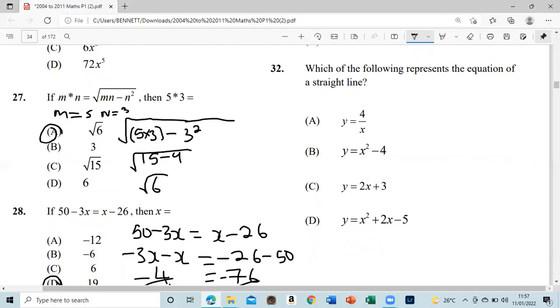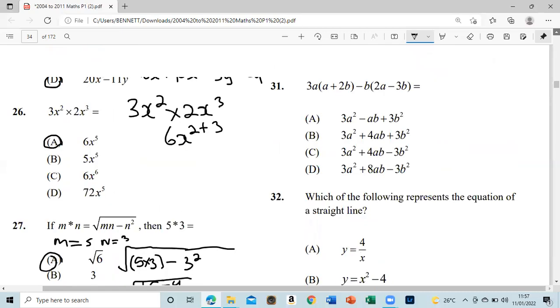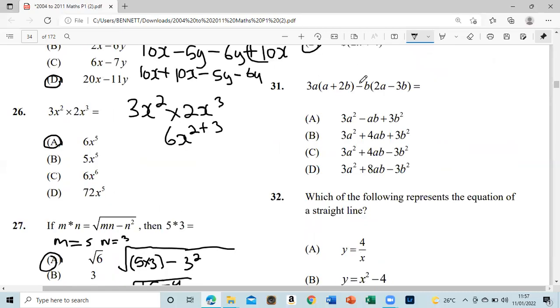So you set up here for number 31. All right, so we're on to 31. We're going to expand the bracket. I don't have to write out this. So it is 3a times a, that will be 3a squared. 3a times 2b, 3 times 2 is 6, so it's 6ab.